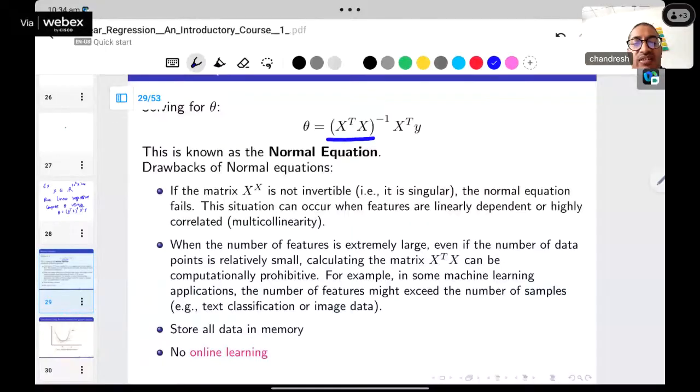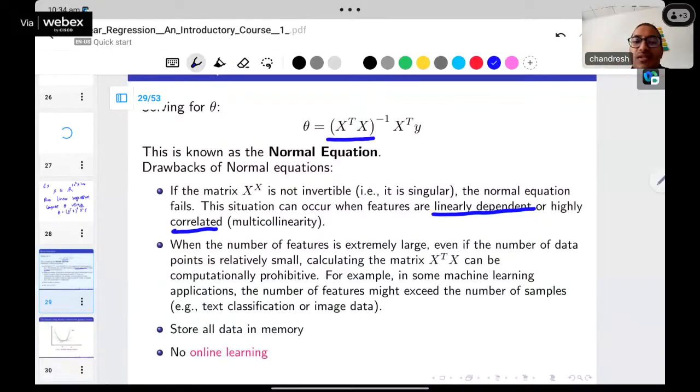It especially happens when features are linearly dependent. In a matrix, if there are two columns the same, or features are correlated, then you cannot compute this inverse. That means the matrix is underdetermined.